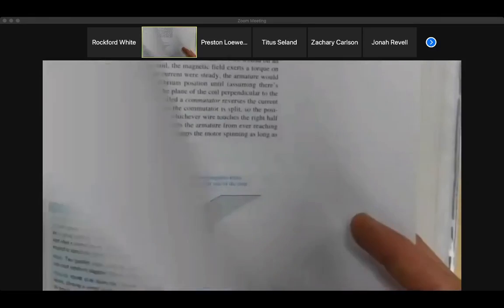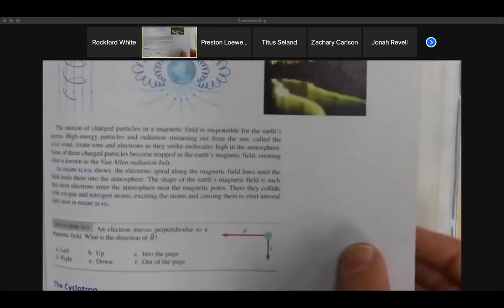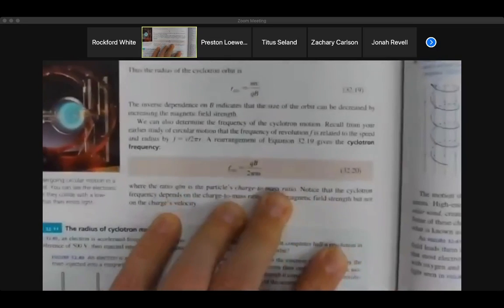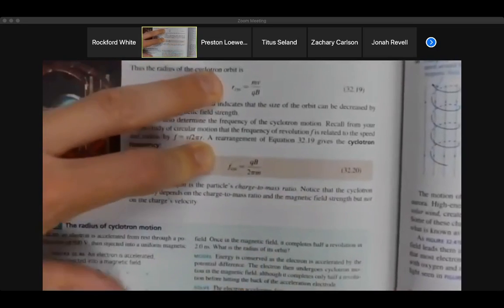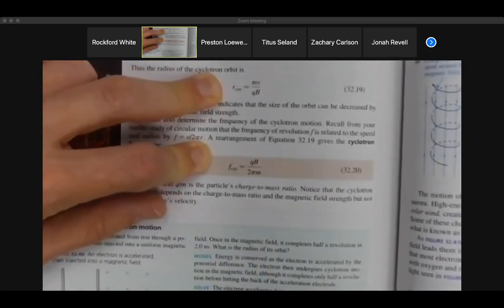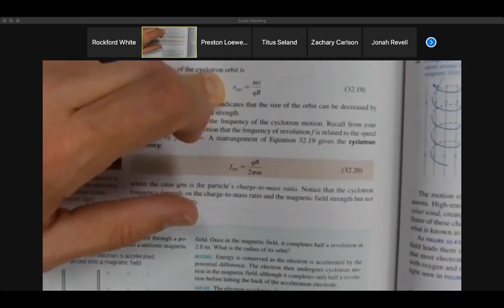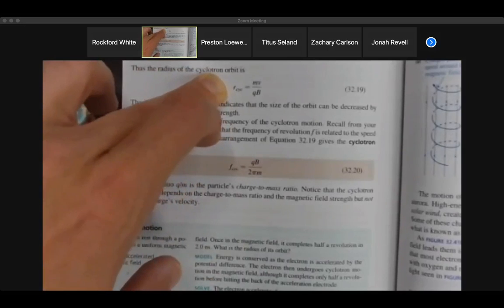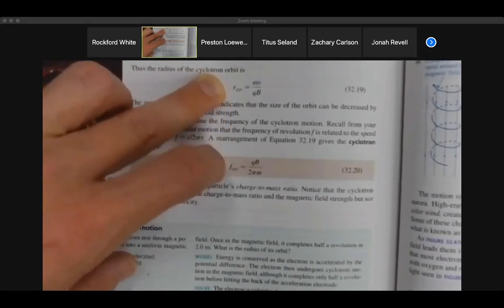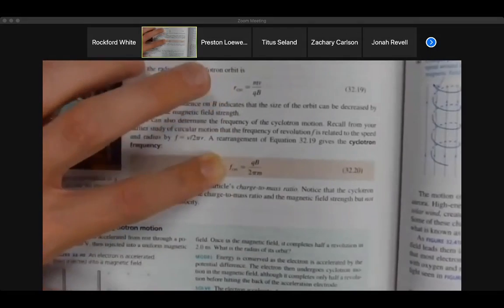What's that formula for radius as it relates to magnetic field? I'm thinking of these two formulas here. I think we wrote things very similar to these. Radius of the circular path, and then you could use that with velocity to find time for one orbit, which is the period, and take the reciprocal to get frequency.